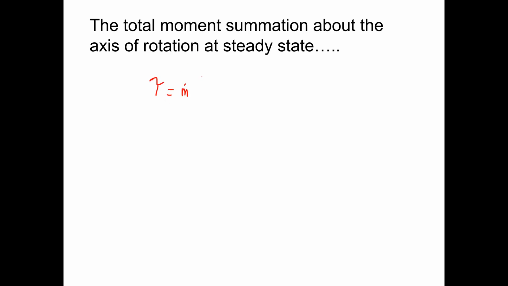So if we take the mass flow rate and multiply it by basically the difference between the rotation caused by the entering fluid, subtracting out the exiting fluid, then this number can be used to discern whether we're looking at a pump or a turbine. Again, a turbomachine can be a pump or a turbine here.